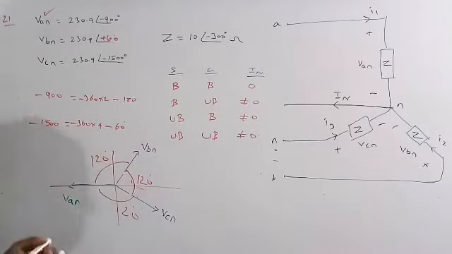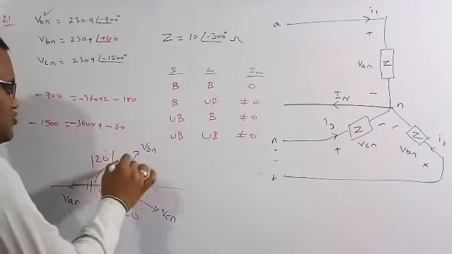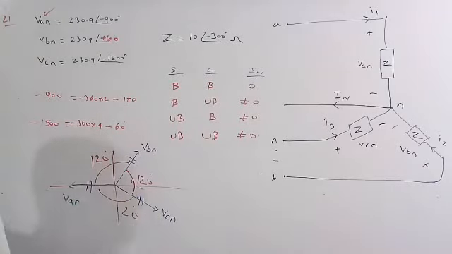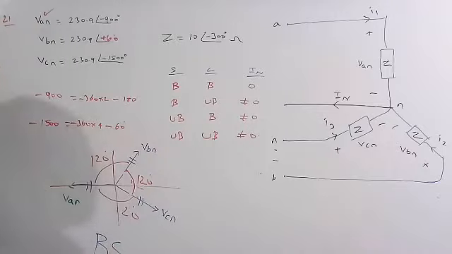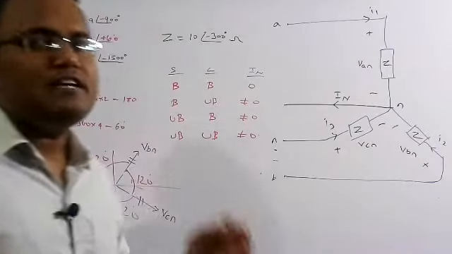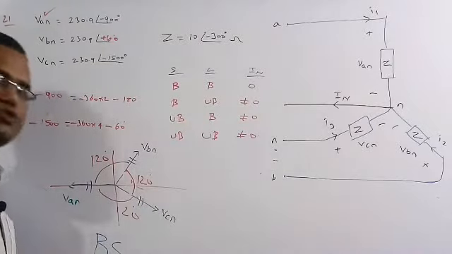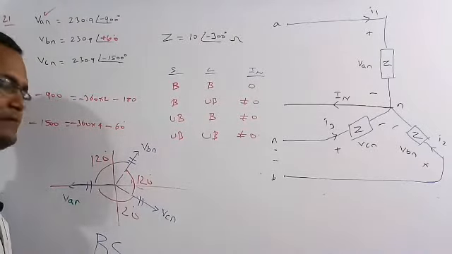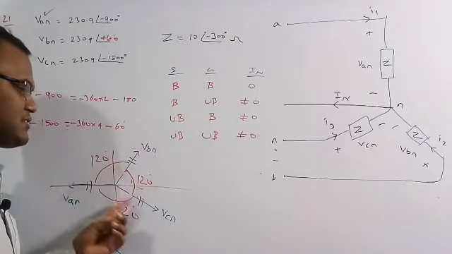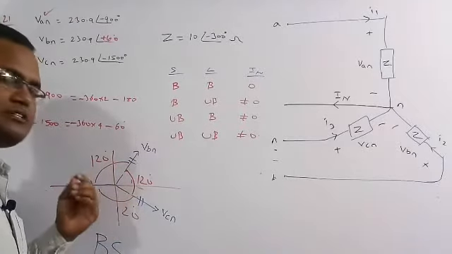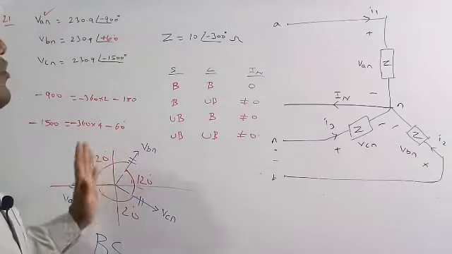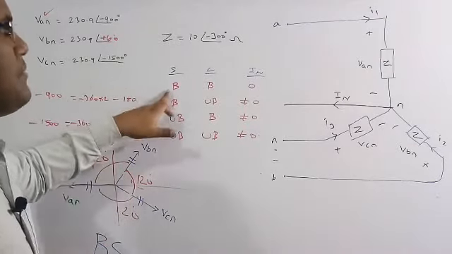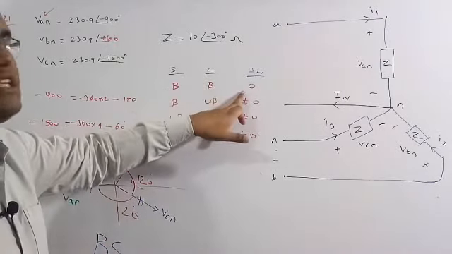So if you see carefully, the magnitudes are also same and the phase difference between them is 120. So this is called a balanced supply. Whenever you give balanced supply to a balanced load, always the neutral current will be 0. Balanced supply means each magnitude is the same and the phase difference between them is 120.